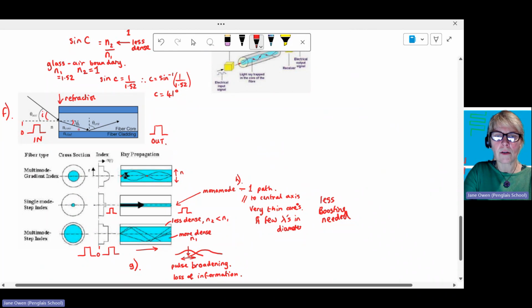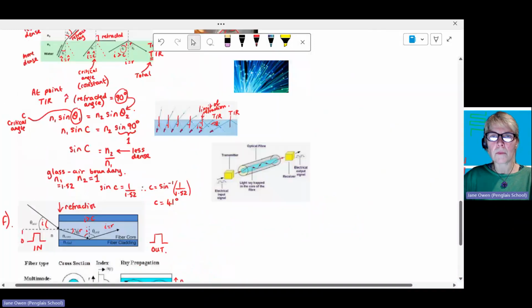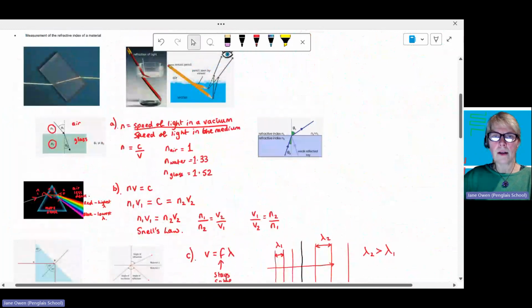This is the incident angle, this is the refracted angle, and because the incident angle here is bigger than the critical angle, it will be totally internally reflected, where the incident angle is equal to the reflected angle. And you can draw that all the way down the fiber optic.